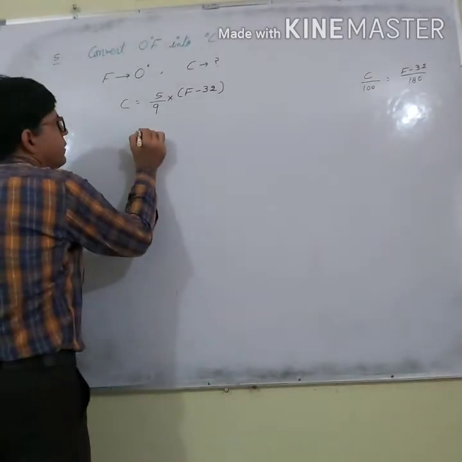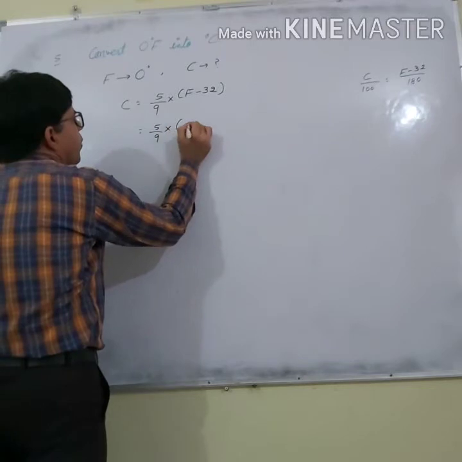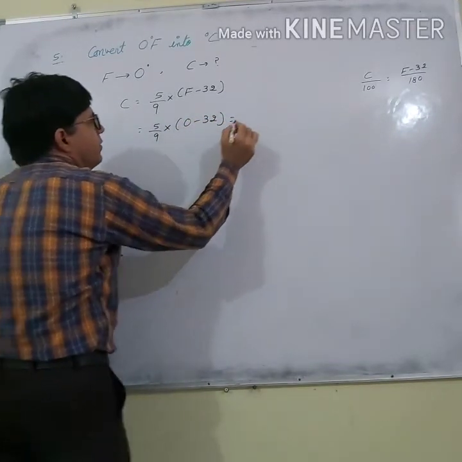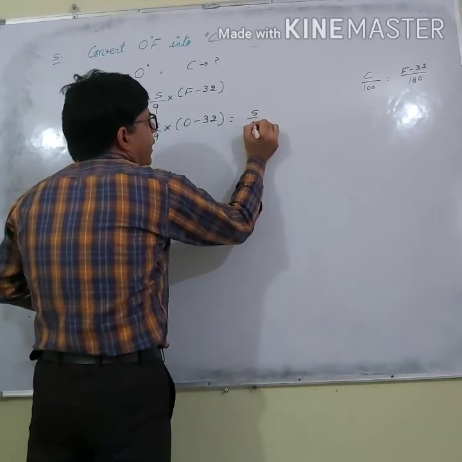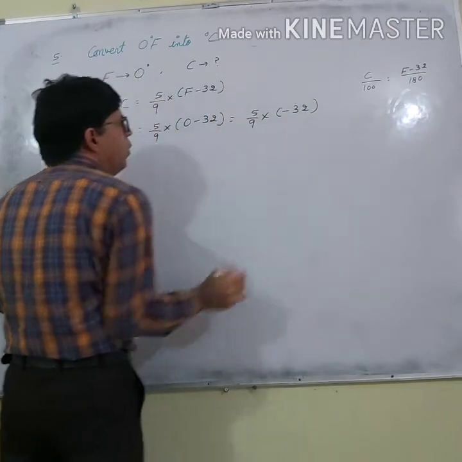Put F is 0, minus 32. So this can be written as 5 by 9 multiplied by minus 32.